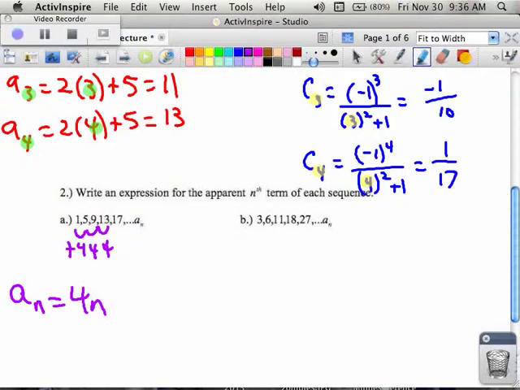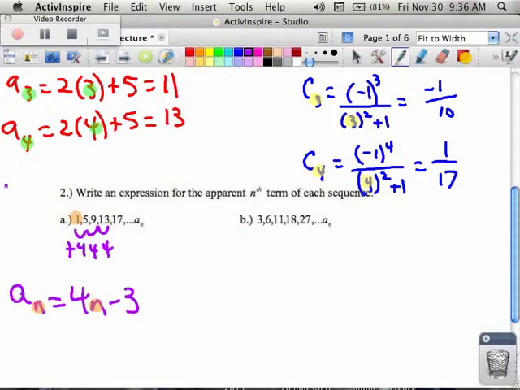So if I plug in the number 1 for my first term in for the n, what I should see come out is a 1 in the end. But that doesn't work, because if I plug in a 1 for the n, meaning my first term, I end up with a 4. So I have to adjust my equation by subtracting off 3.